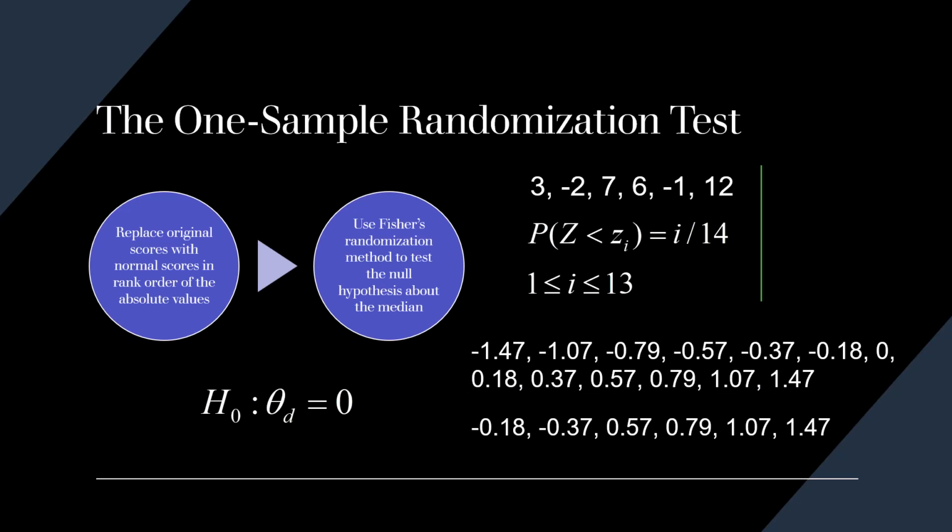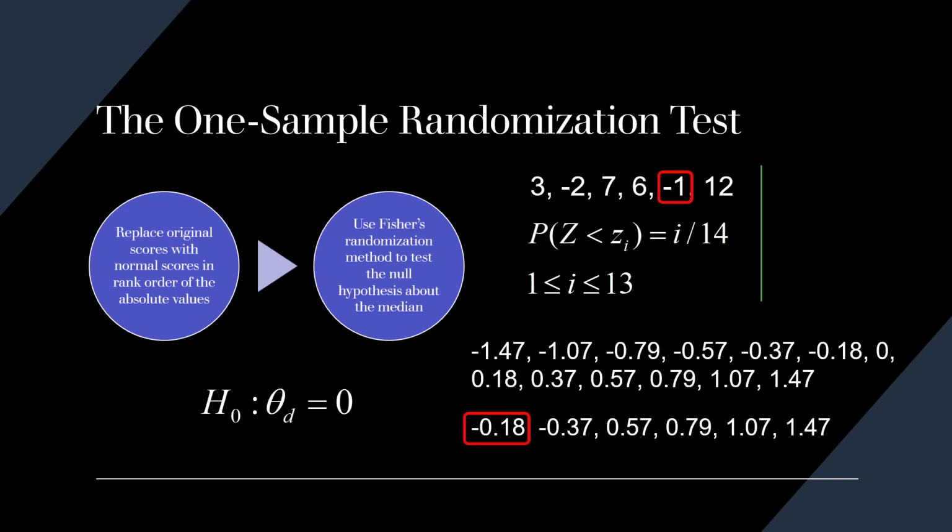Notice that the lowest of the normal scores is 0.18, so that will correspond to the lowest score that I have in my original scores, ignoring the signs, that is, taking the absolute value. That would be a score of 1. So 0.18 is going to be associated with 1. Now I'm going to look at the sign for that 1, and it's negative. So I'm going to attach the negative sign to 0.18.